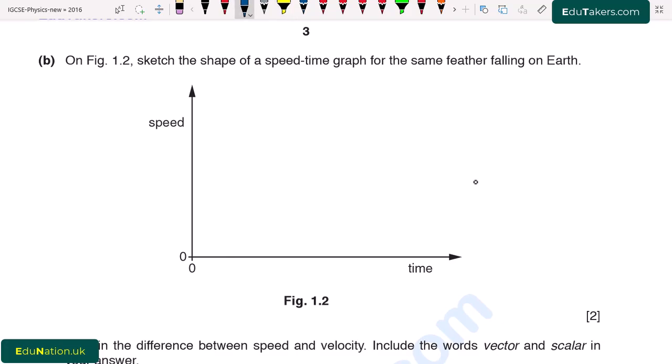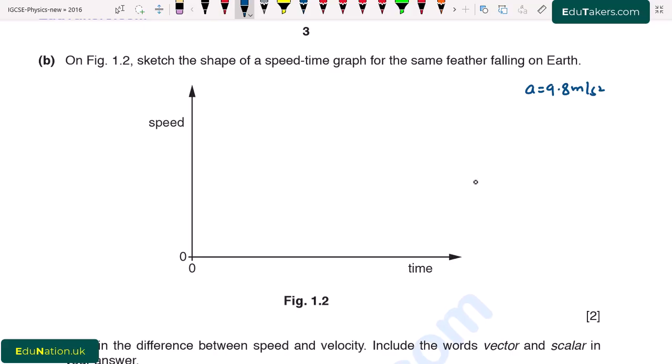So first of all, we know that the value of acceleration is 9.8 meter per second square, and this is the value of acceleration due to gravity when there is no air resistance. But when the feather falls, there will be air resistance in this case. So the value of acceleration changes and it does not remain equal to 9.8 meter per second square. It means that the value of acceleration does not remain constant.